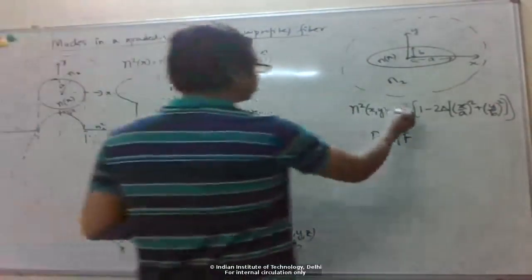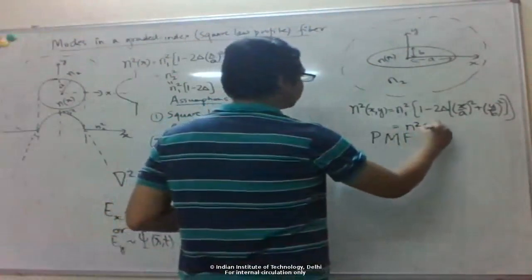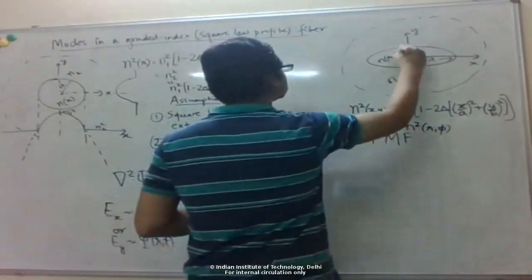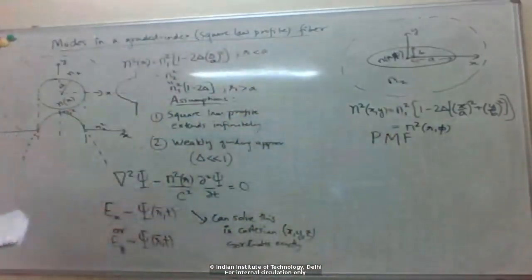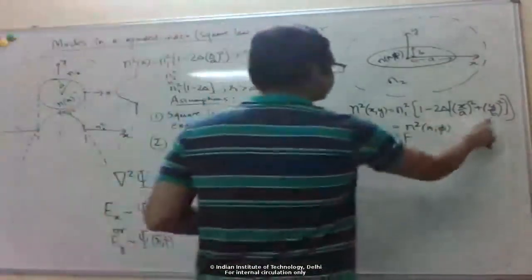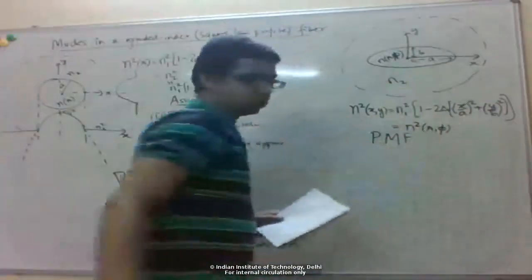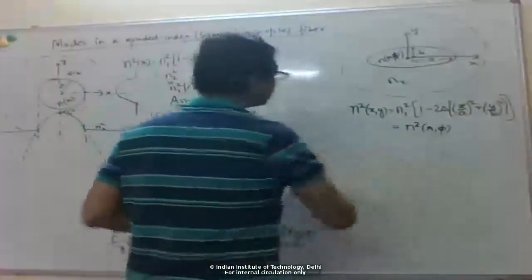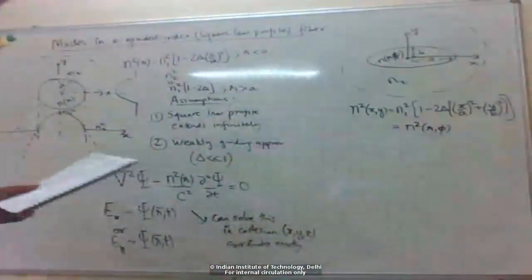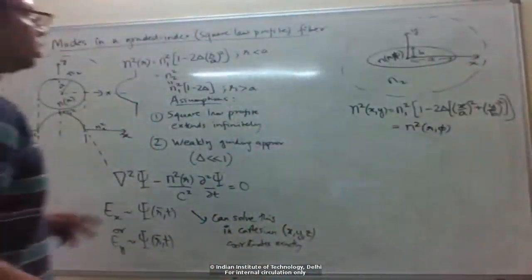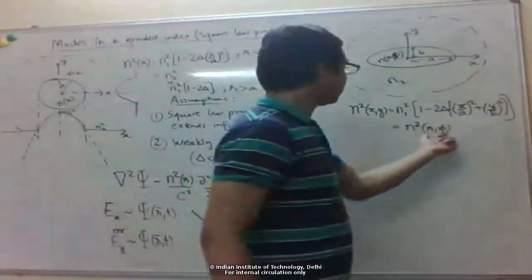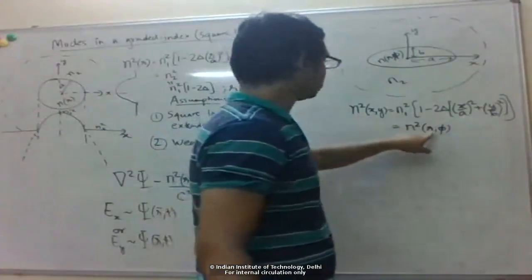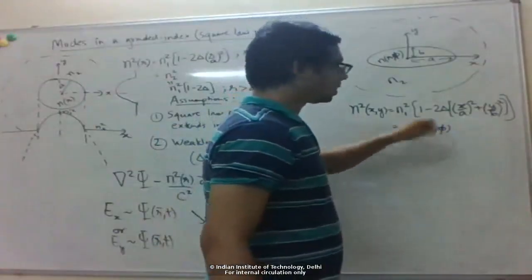Now you can see, for example, this is now a function of r and phi, not just r. So if A is not equal to B, then this is now a function of both the radial and azimuthal coordinate. So actually for such a refractive index profile, it becomes difficult to solve in cylindrical coordinates because now you have a function of both r and phi.